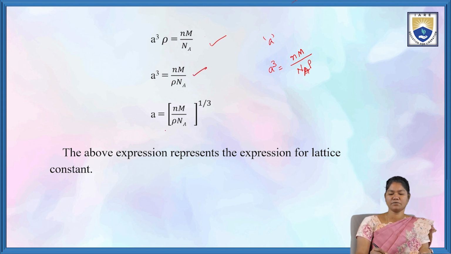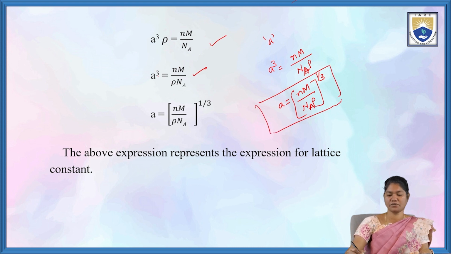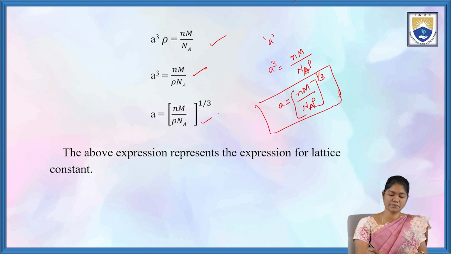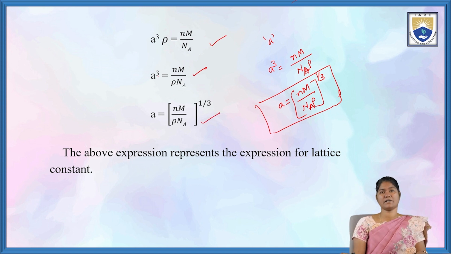Now a is equal to nM by rho Na, whole power 1 by 3. So this is the expression for the lattice constant.